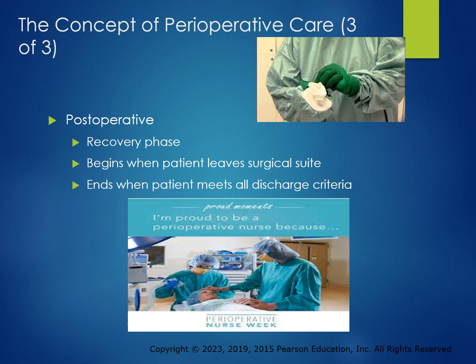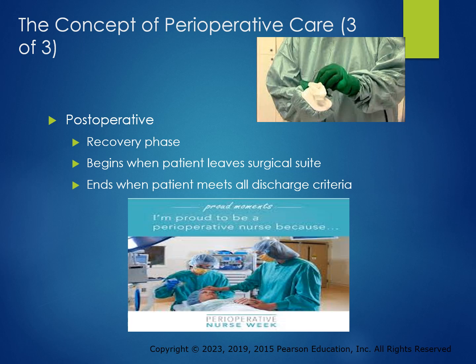At this point, once their breathing looks good, their O2 sats are good, and they may be starting to arouse a little bit, responding to touch and sound, they will start the process of extubation, or removing the endotracheal tube. The postoperative phase is the recovery phase. It begins when the patient leaves the surgical suite and continues until the patient meets all discharge criteria, and that means discharge to the unit itself.